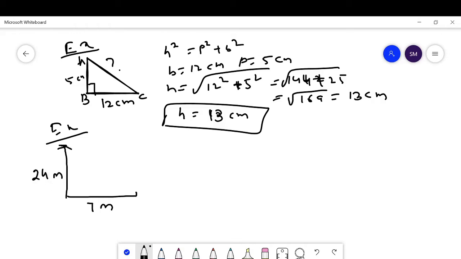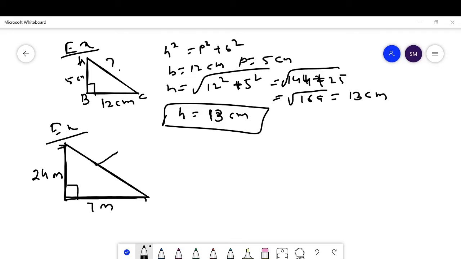Find the length of the ladder. We have to find the length of the ladder.